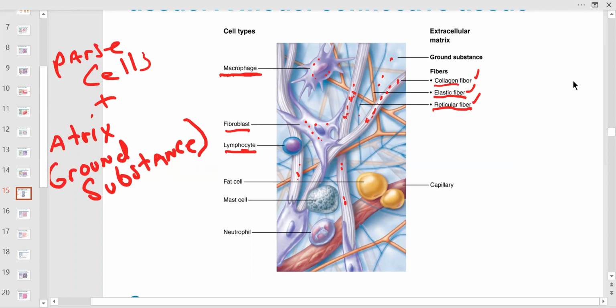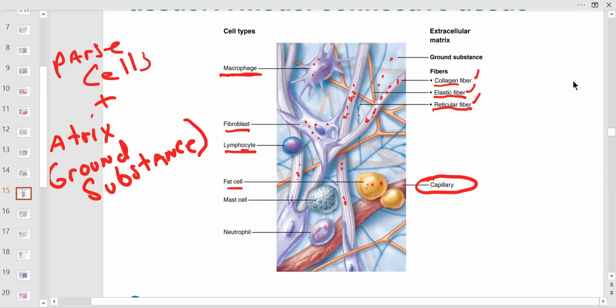Then you could have adipose cells, which are fat cells, globular fat with triglycerides in there. And then it's very vascular. Capillaries are thin-walled, one layer of simple squamous epithelium in a capillary just for diffusion. Oxygen, carbon dioxide to feed all these cells that are supporting this loose areolar connective tissue.